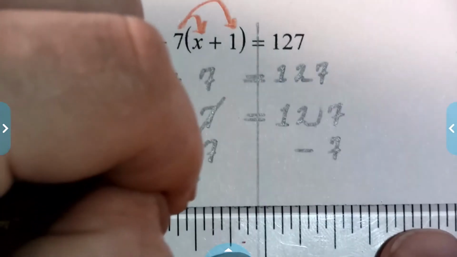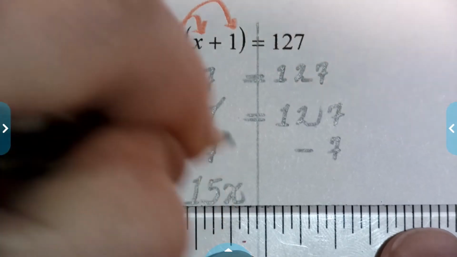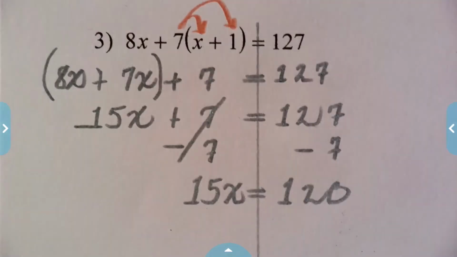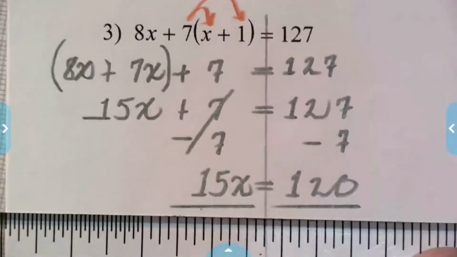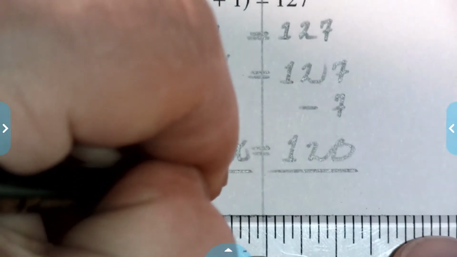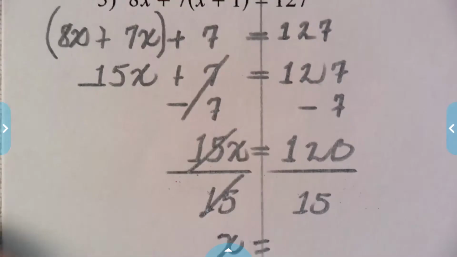And I'll have 15x equals 120. And then we'll divide both sides by 15. Giving us x equal to 120 over 15.